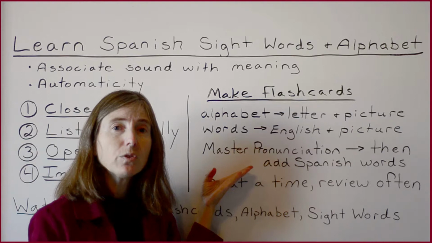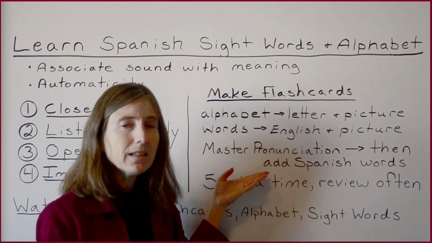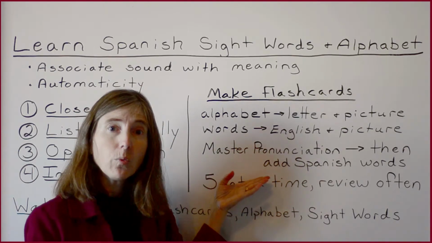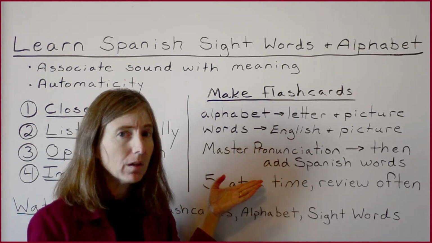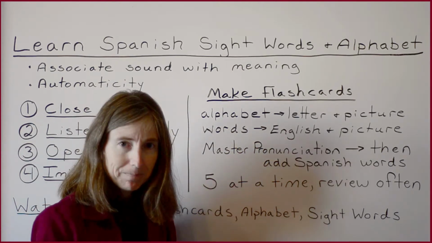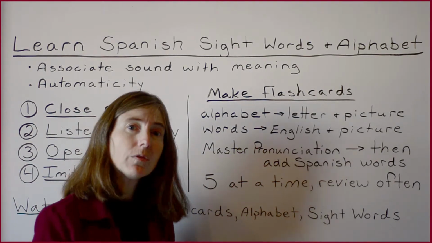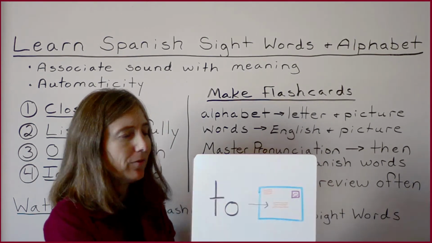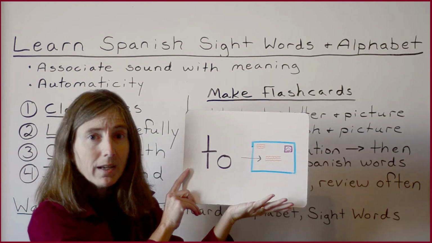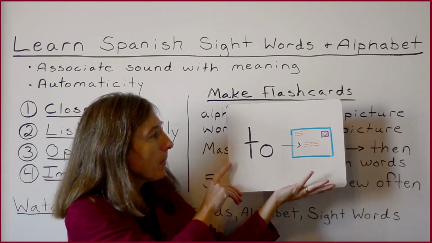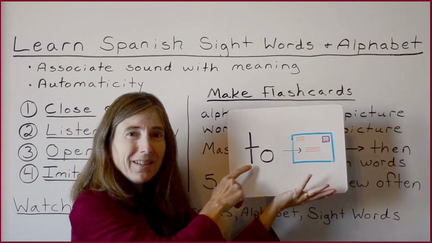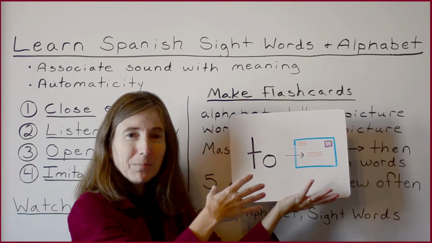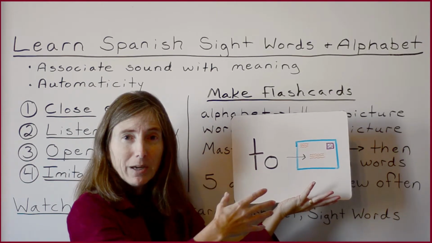If you're doing sight words, you're going to put the English word with a picture on one side of the card. So, like, I have an example here. If you're learning the word for two in Spanish, you're going to make a flashcard, and on one side of it, you're going to have the word two, and then you'll have a little picture that means something to you about the word two.